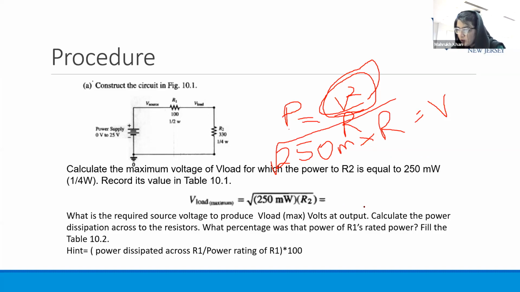Or even if you want to fill it in and take a picture and then attach it, it's also fine. It's up to you. But I think if there is a little change in the table, we can just recreate it. Okay, let me see, 10.1. So 10.1 is nothing but you just have to add the source and the V load in it, okay? So what is the V load that you are getting?